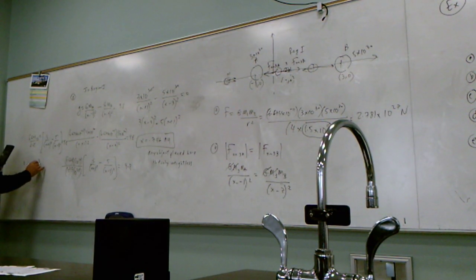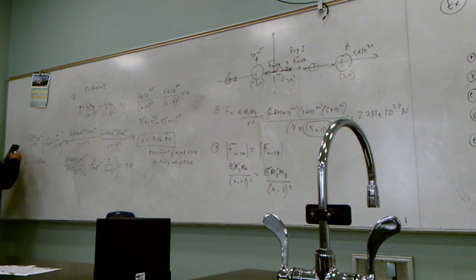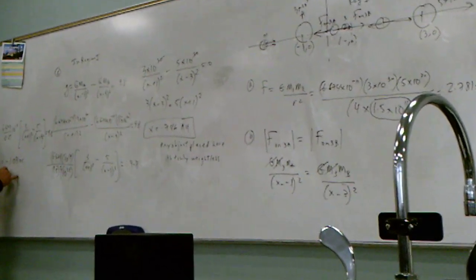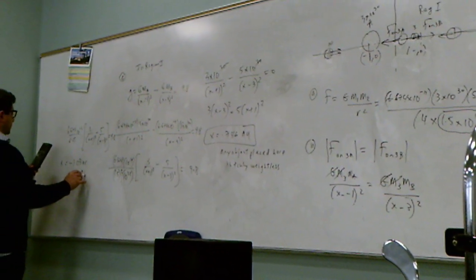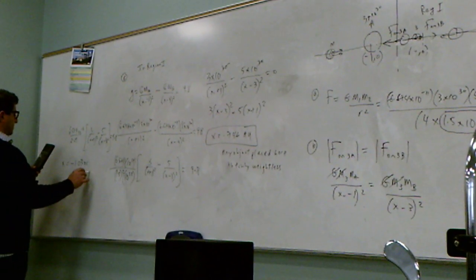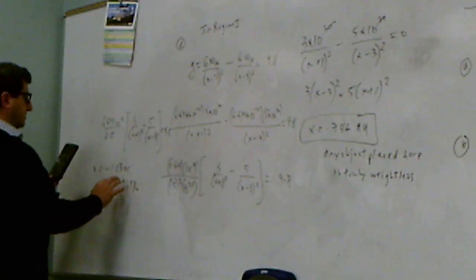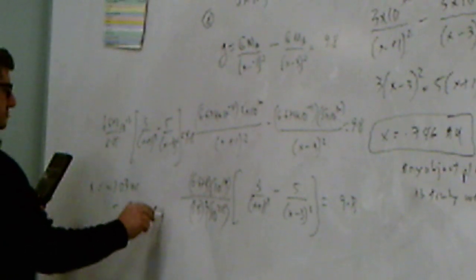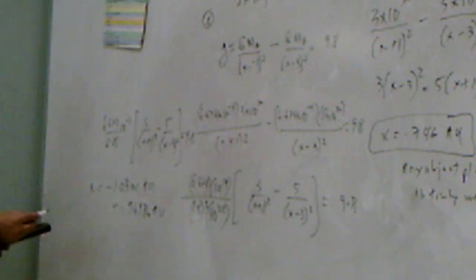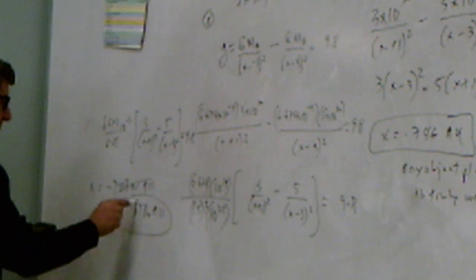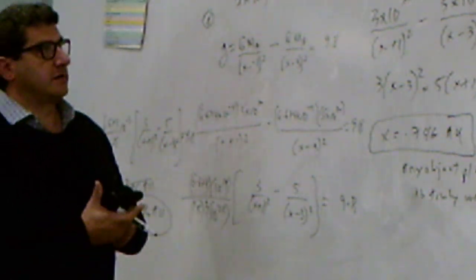Negative 1.03, or the other answer is negative 0.96986 AU. Just two solutions. And of course, the only one I'm going to accept is this one, which is perfect.